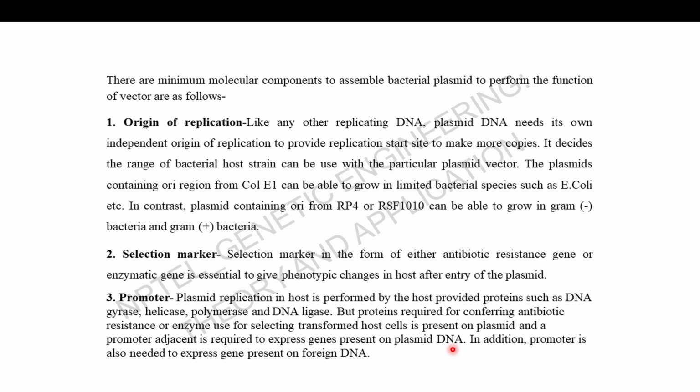But then that lacZ gene has to express itself also, right? Only then can it translate and make the galactosidase enzyme. So for that to occur, the promoter compatible for expressing that specific gene should be present when we are talking about plasmid DNA.